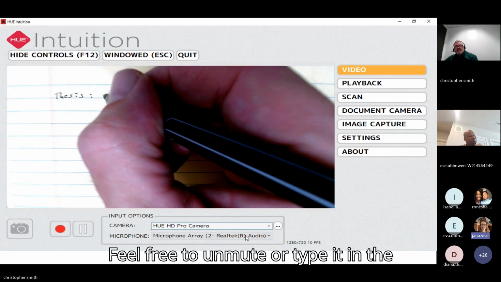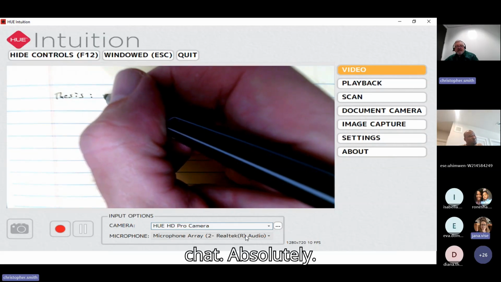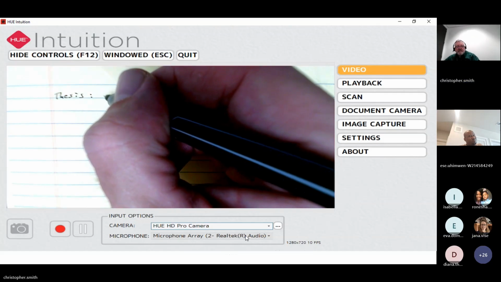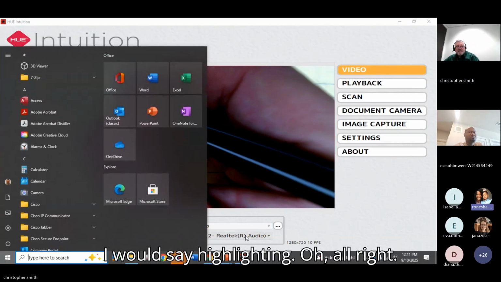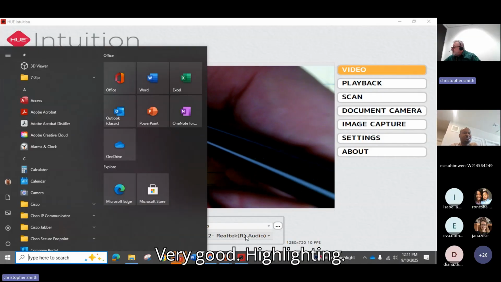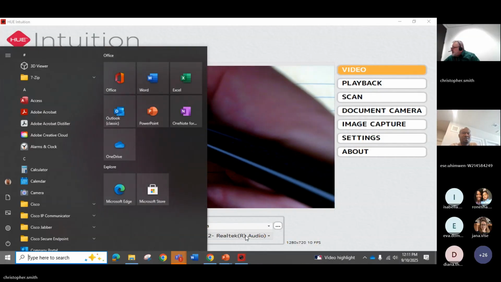Feel free to unmute or type it in the chat. Absolutely. I would say highlighting. All right, very good. Highlighting.